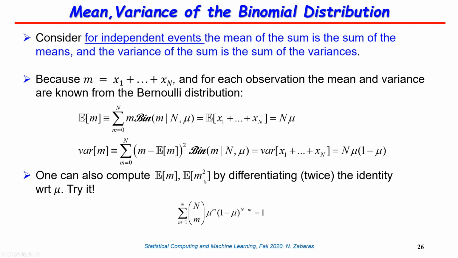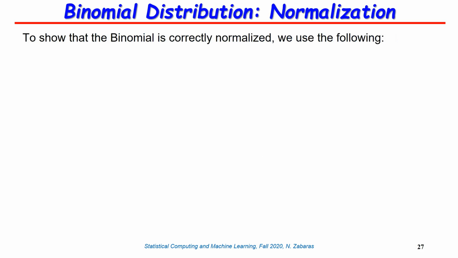And if you take second derivatives, one of the terms is going to be this expectation, and that can give you those two results as well. Again, it's a trick. I am not going to elaborate, but effectively what you need is to use the normalization condition that you see on the bottom and take derivatives with respect to mu. The answer that I already gave you here is good enough, but here is another rapid way of deriving these moments for the binomial distribution.